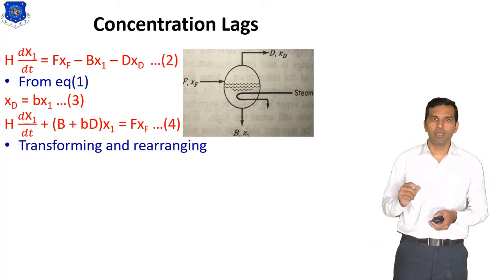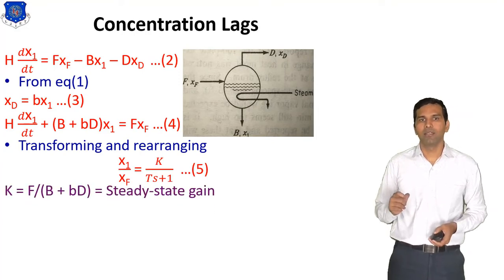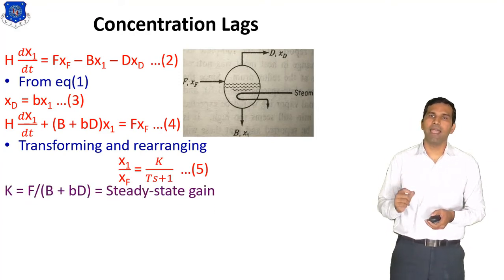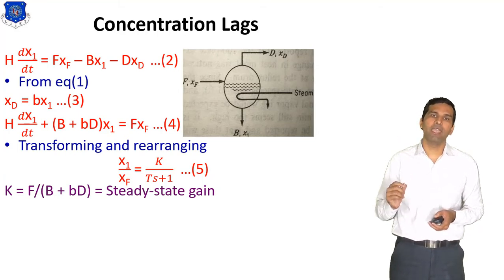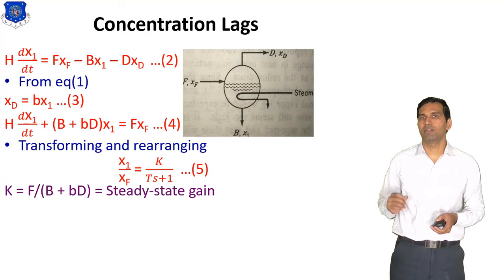Now transforming and rearranging this equation, we can write x1/xf equals K/(Ts plus 1).